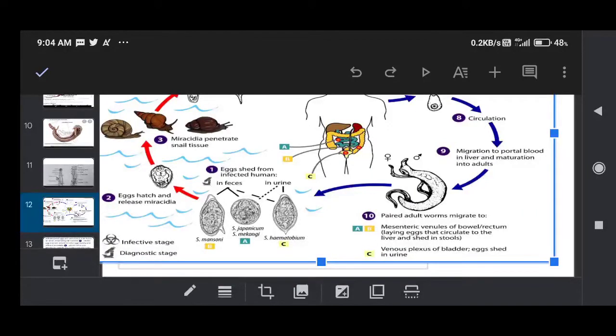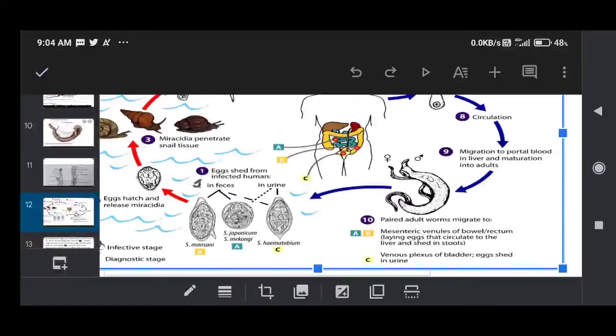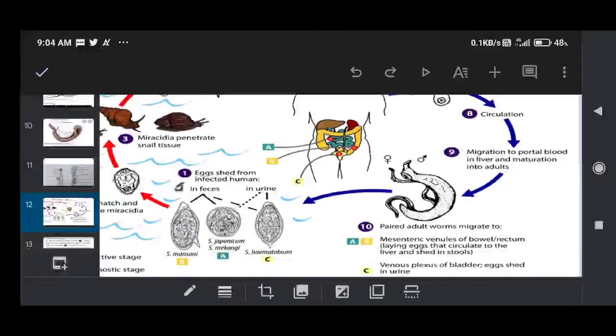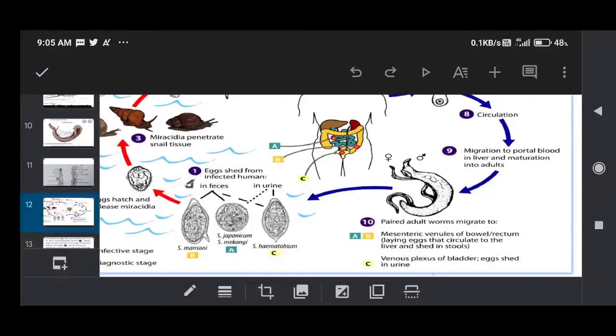Generally the reproduction takes place in the blood vessels of the pelvic region of the human being. Now the male genital pore releases the sperms into the female genital pore. So fertilization takes place, and by fertilization the zygote is formed.